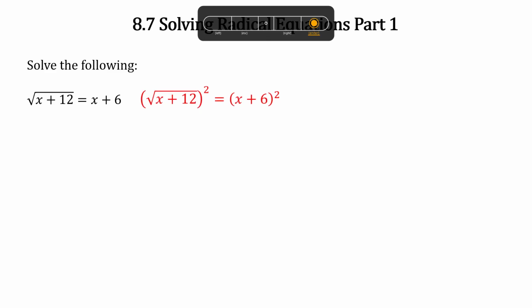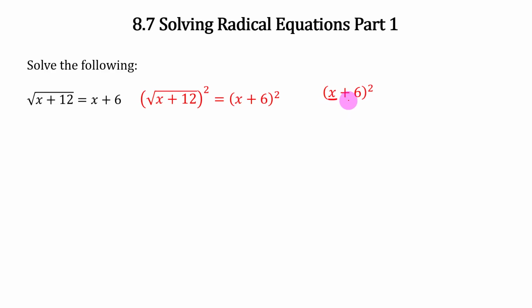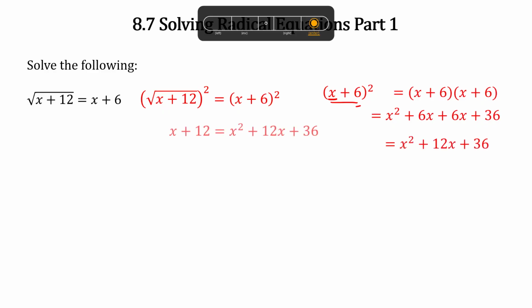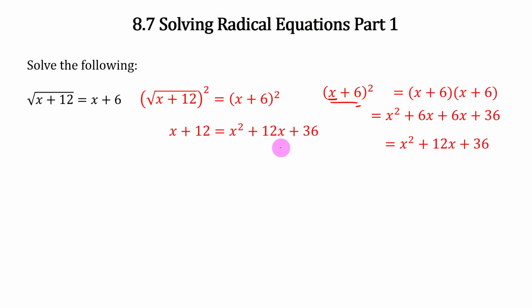Okay, so we square both sides, and we've got to do x plus 6 squared. Remember, you're going to square this, double both of them, and then square that one. So it should be x squared plus 12x plus 36. So the square root and the square cancel each other out, and we're left with this.